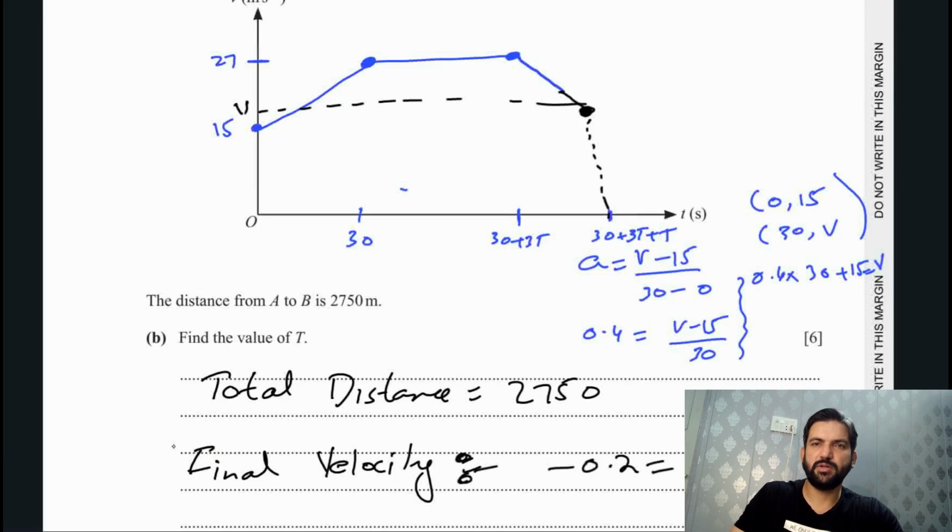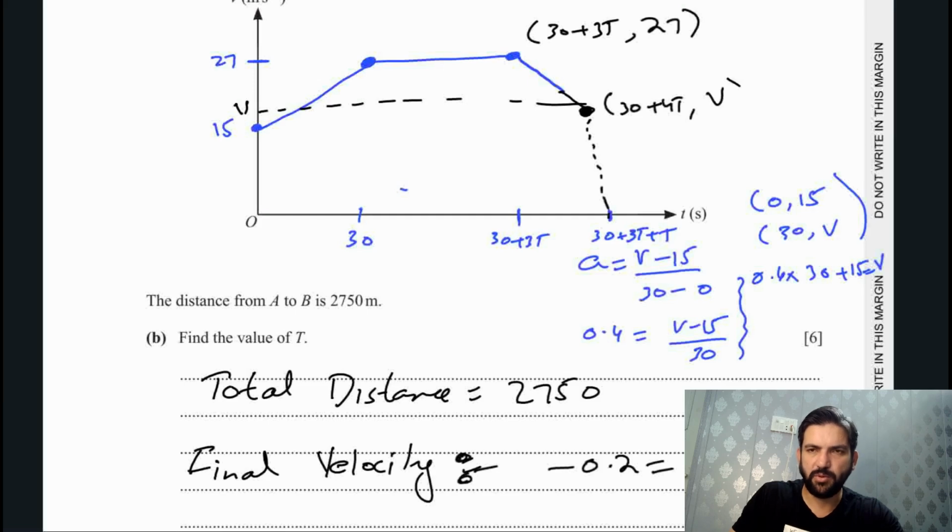If we try to find it, we use the same process. The coordinates here are 30 plus 3t, and the y coordinate will be 27. Here the x coordinate is 30 plus 4t and the y coordinate will be v.